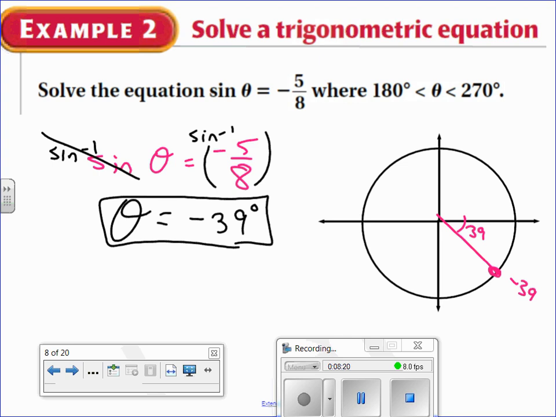Now, they're going to tell you where they actually want your final answer to live. Right now, our answer is living in quadrant 4. That's not where they want their answer to live. They want their answer to live between 180 and 270. So they actually want the answer to live in quadrant 3. So we're going to use a reflection and a reference angle to find our final position of our final answer. Okay? So if I would reflect my negative 39 over to quadrant 3, it'd be about here. Do you agree? So it would also have a reference angle right here of 39 degrees.